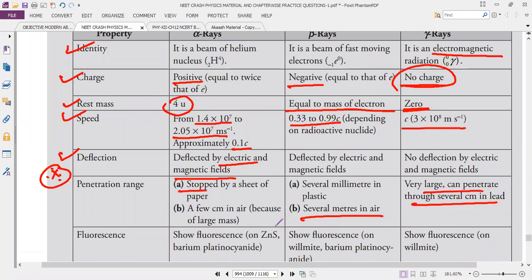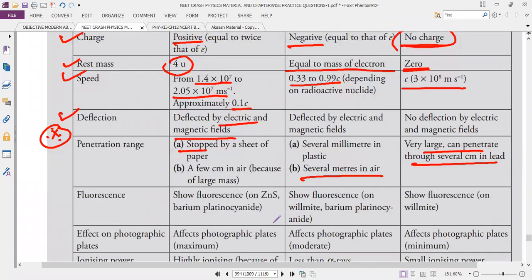Next one, fluorescence. Fluorescence means how to detect the alpha particle, beta particle and gamma. We use a fluorescent screen. You know very well that in the alpha particle scattering experiment, we used the ZnS screen, the zinc sulfide screen, to detect using fluorescence.